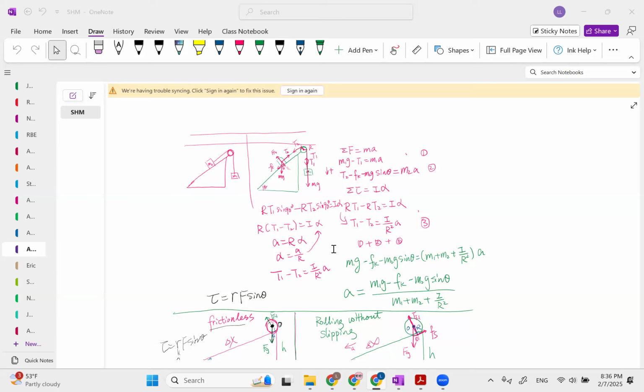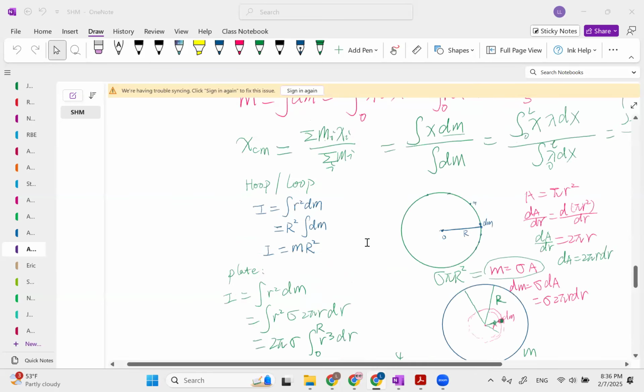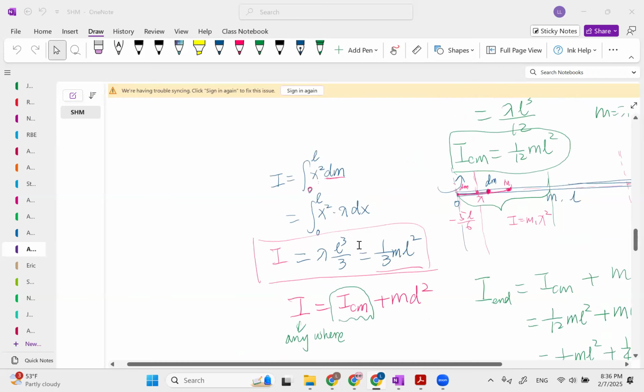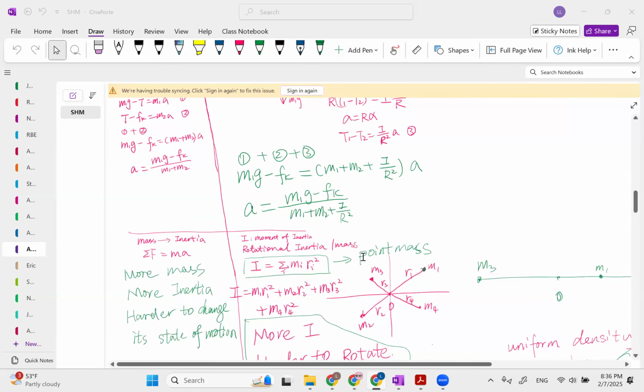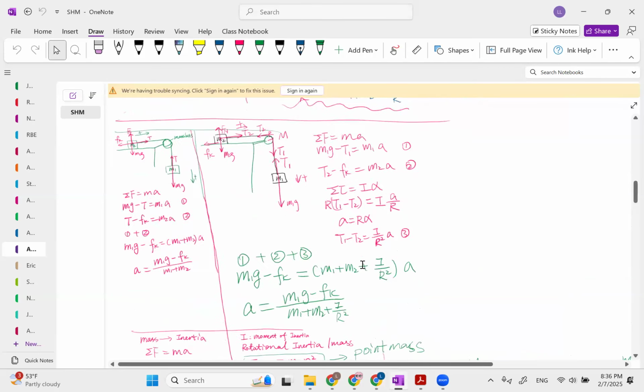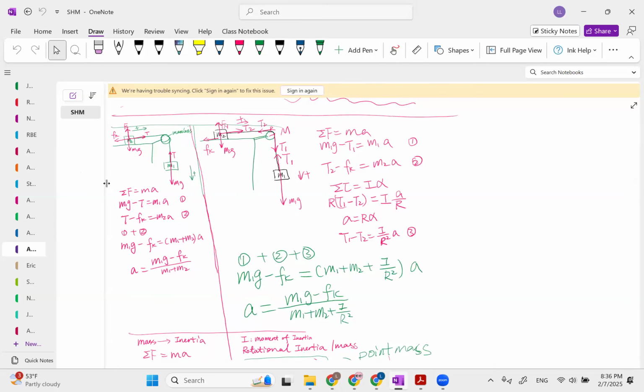I just didn't really understand that. Are you talking about this pulley question? Which one do you get confused about? For example, R of T1 minus T2 equals I alpha over R. I'm confused. Is it the same for horizontal and vertical, or is it different?